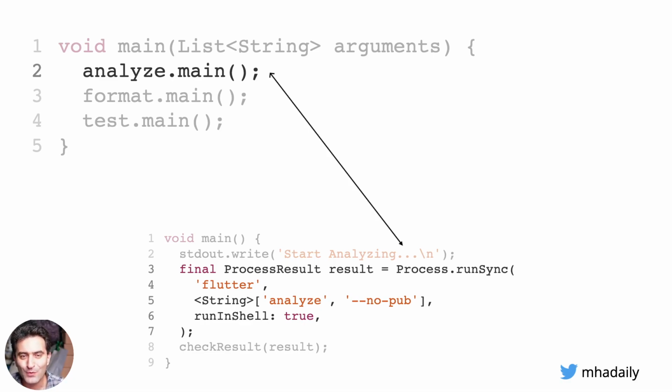For those who don't know, the Dart SDK or Flutter comes with an analyzer, formatting, testing, everything that you technically need for building a mobile application or a Dart application. You have everything at hand. You don't need to install anything extra, but you can leverage those commands.